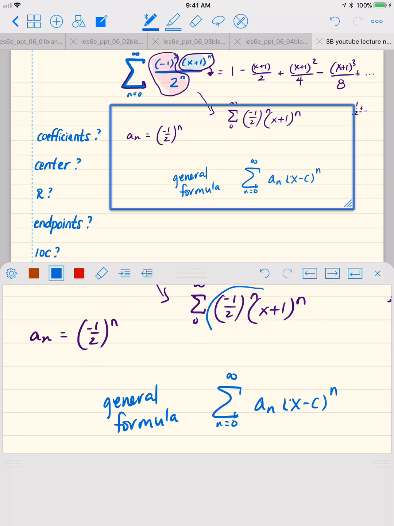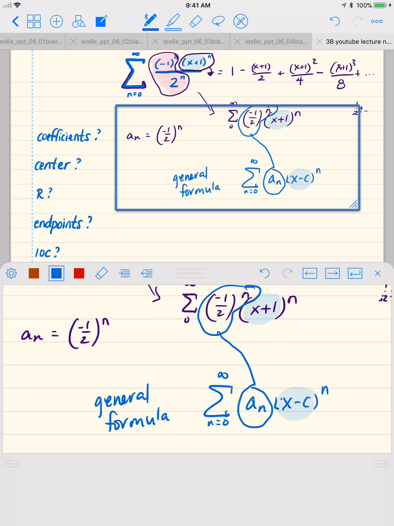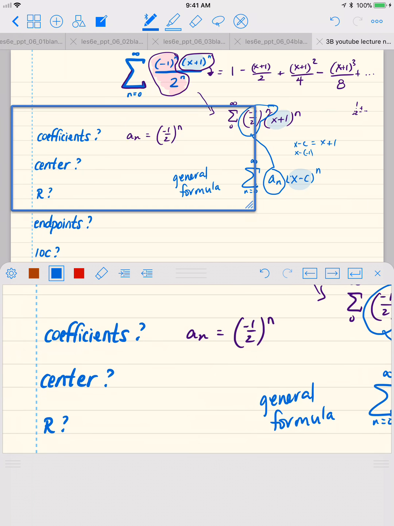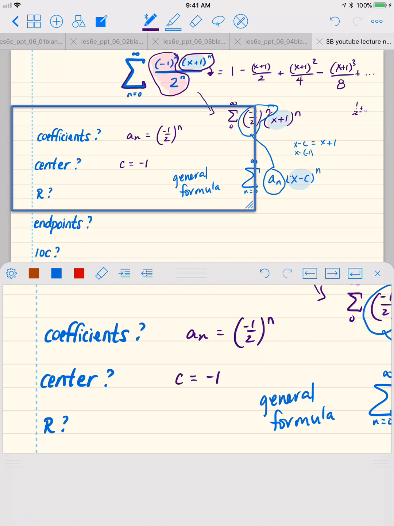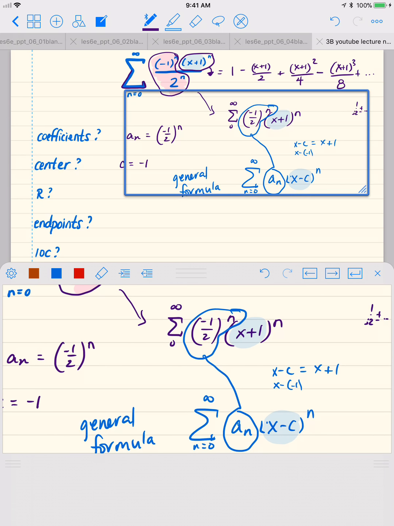So my a sub n is negative 1/2 to the n, right? And now for my x minus c, it is x plus 1. So if x minus c is x plus 1, what is c? Well, c has to be negative 1, right? This is x minus negative 1. So c is negative 1. So my center is negative 1.